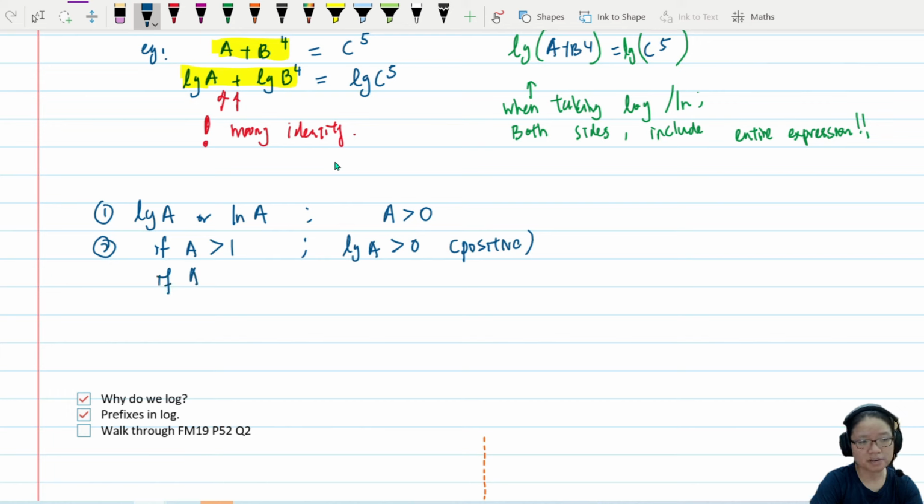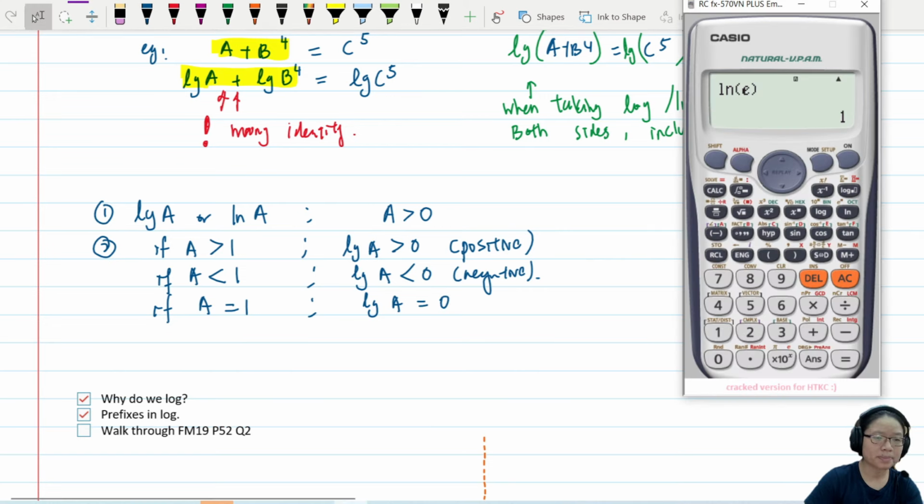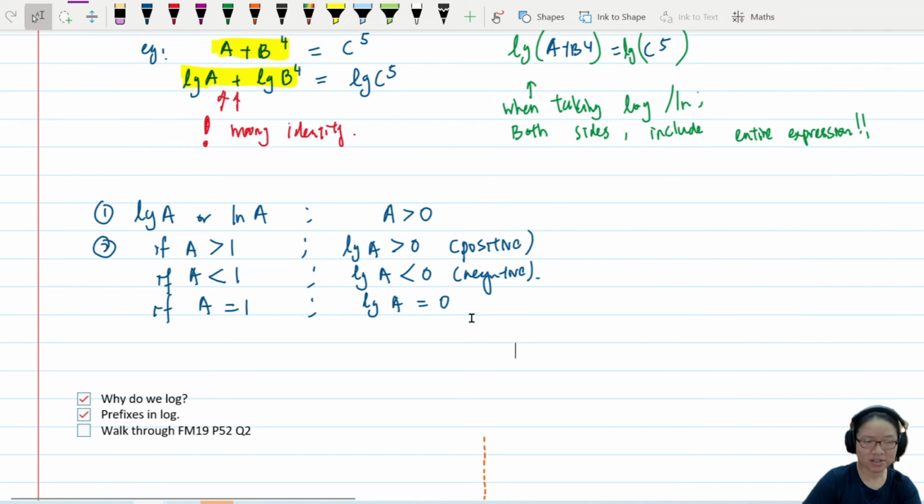This means if A is less than 1, your log A is less than 0, which is negative. And if A is equal to 1, log A is equal to 0. Let's try. Ta-da! Log 1 is 0. Ln 1 is 0. So these are certain properties about log.